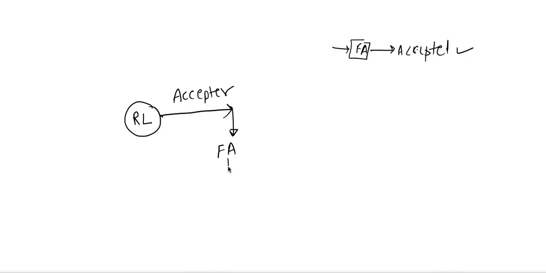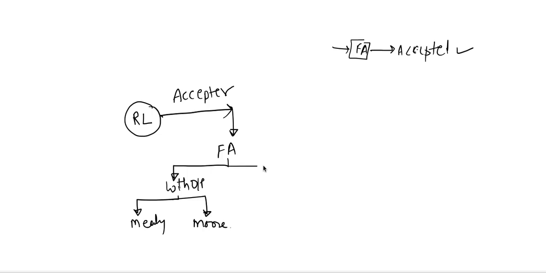So finite automata, how many types we studied with output? What were those? Mealy machine and Moore machine. Okay, without output, what were those?